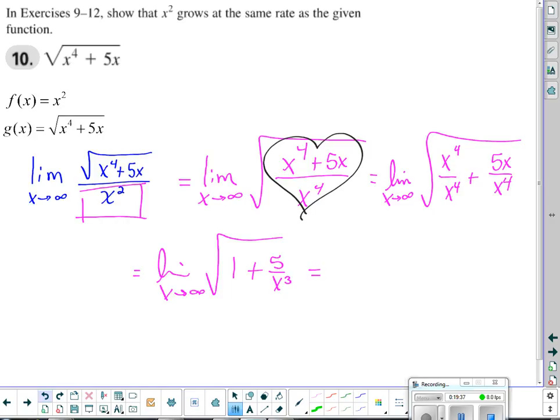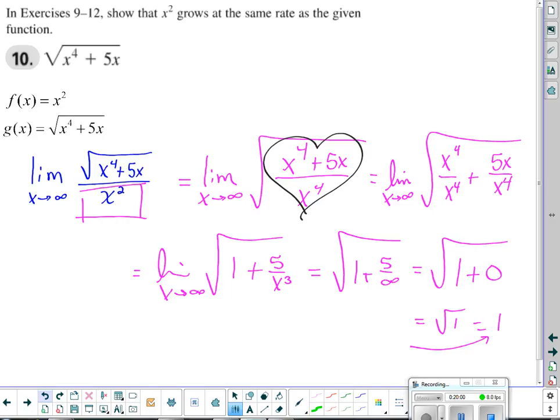Analyze, substitute. We get square root of 1 plus 5 divided by something large. And I'm not going to mess this up. I'm going to get 1 plus 0. And that gives a square root of 1, which is 1. Hey, it's what we thought all along, but we have evidence behind it. These things do grow at the same rate.